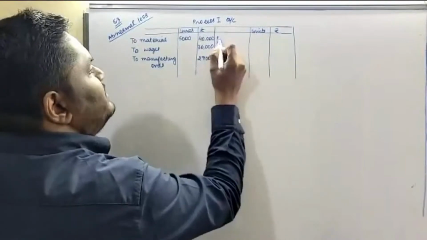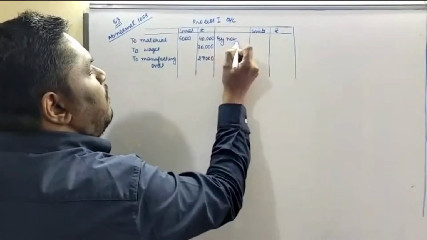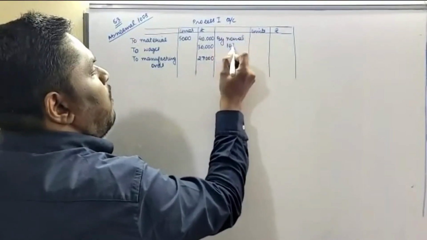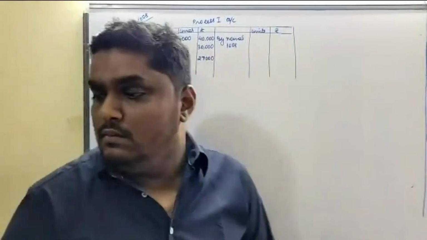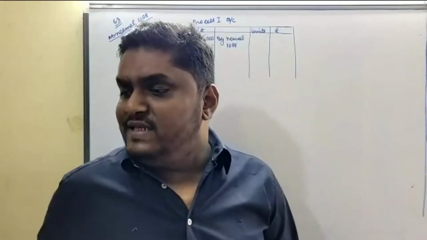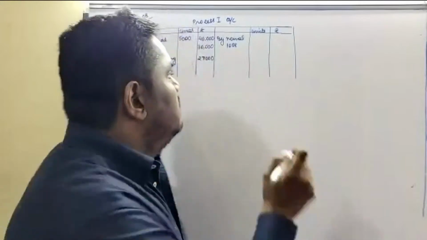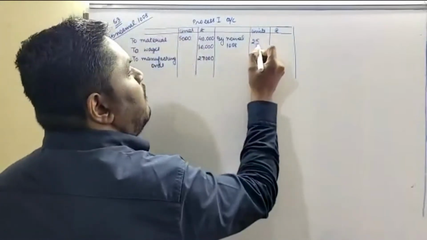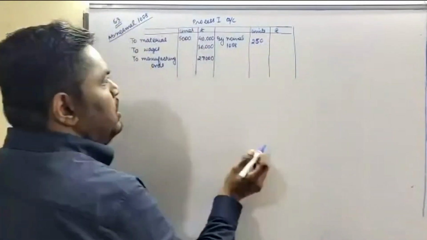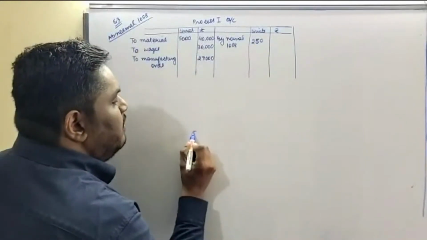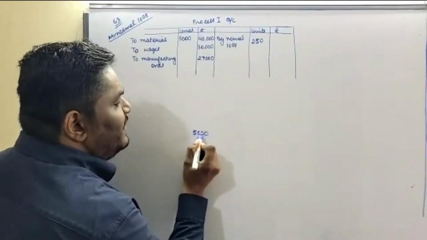Now, the normal loss is given in the question. That is 5% of the input. So herein, guys, my input is 5,000 units.